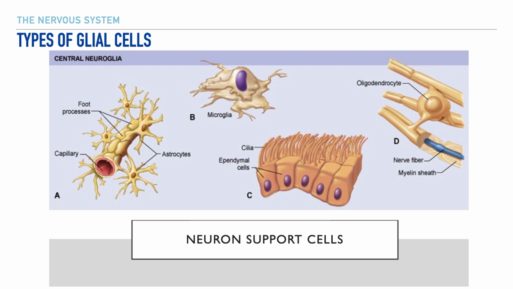Those that are associated with the central nervous system and those that are associated with the peripheral nervous system. Now, those that are associated with the central nervous system include astrocytes, microglia, ependymal cells, and oligodendrocytes. So let's look at these individually.